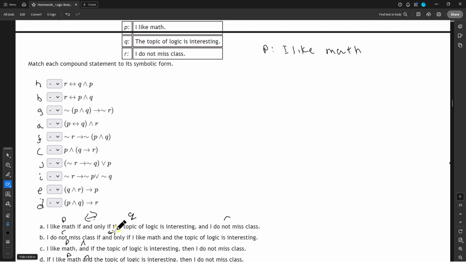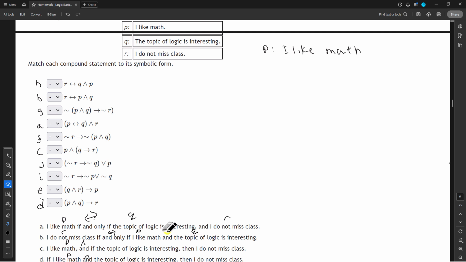There's that part there. I like math, and that would be a P. And the topic of logic is interesting, and that's a Q.